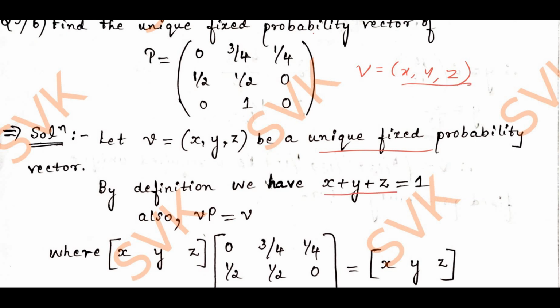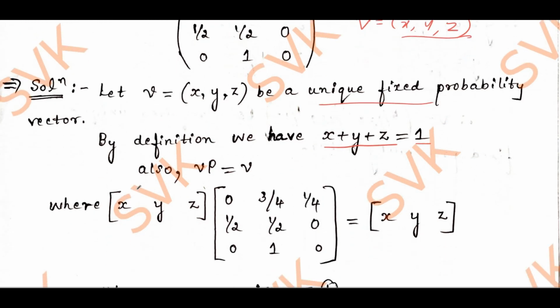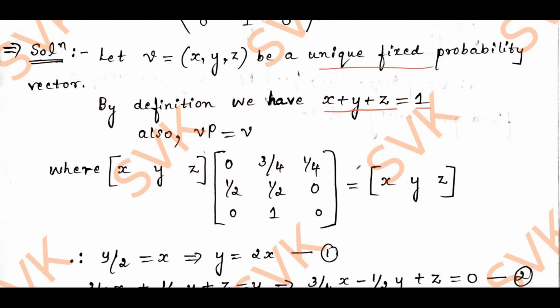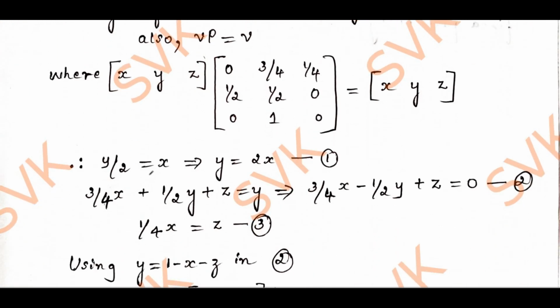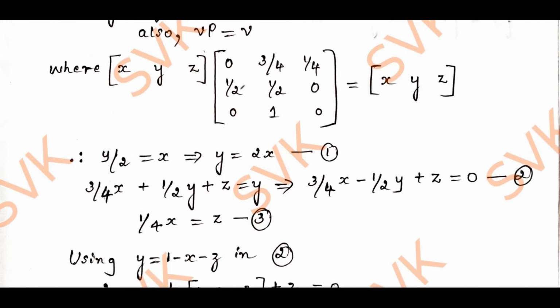X plus y plus z is equal to 1. Also VP equals V. Note down what is V, what is P. So I have noted down that part. After noting that, I substituted and expanded, and I got 3 equations here. The first equation is of the form y minus 2x equal to 0.